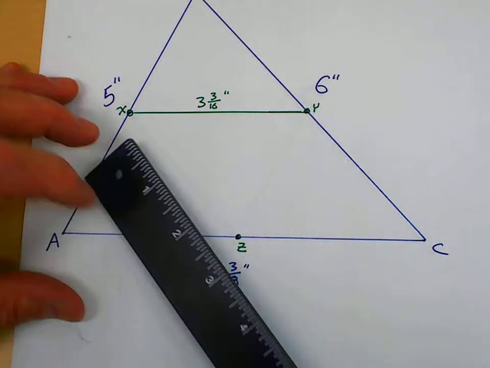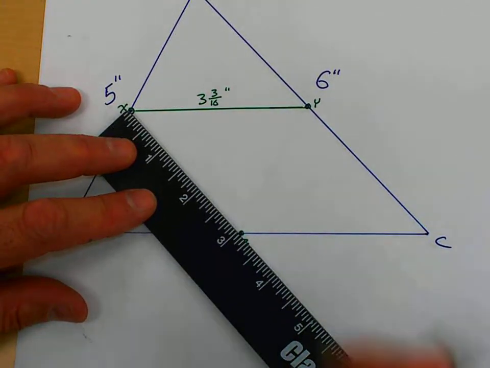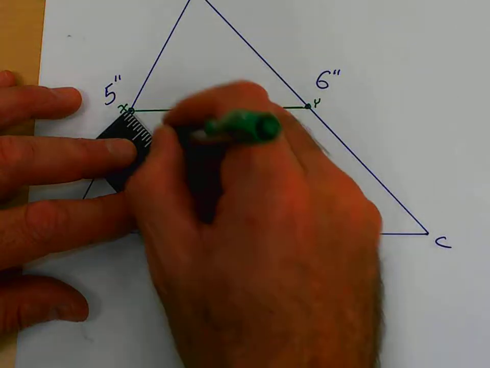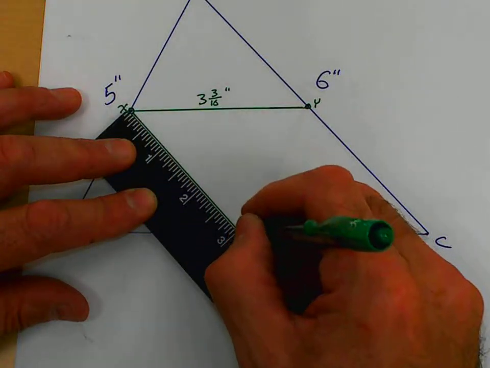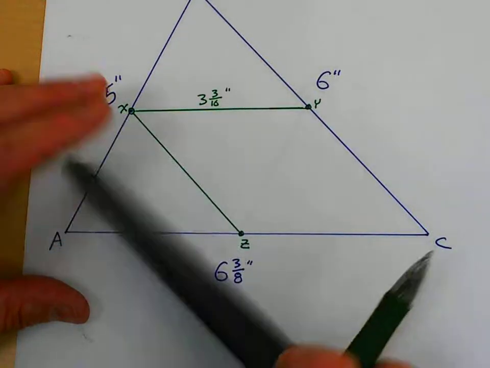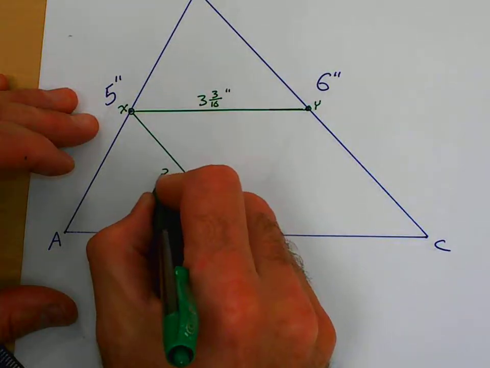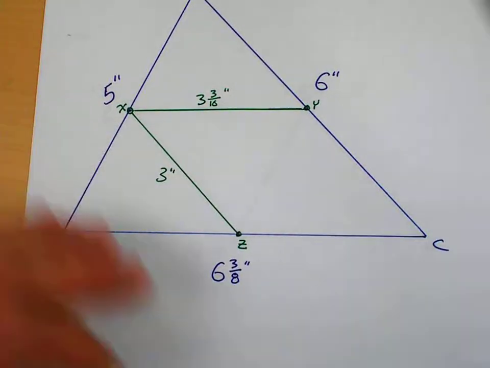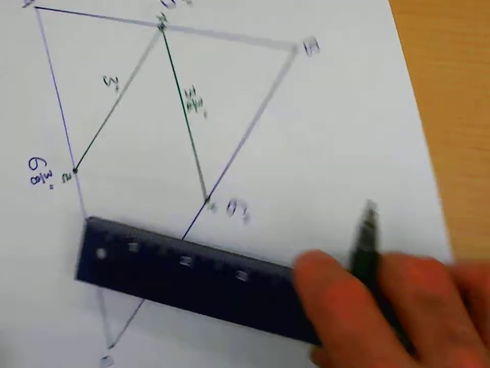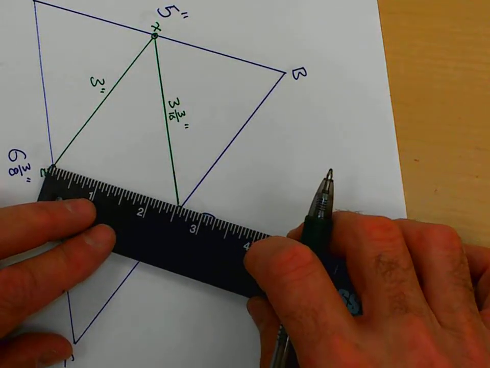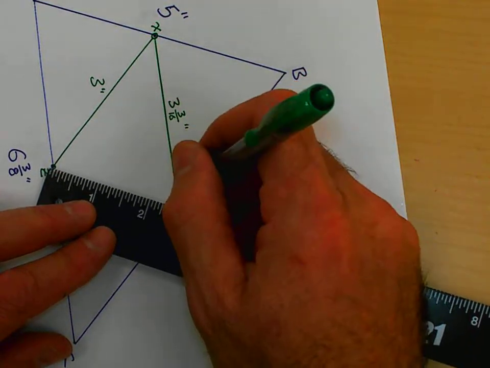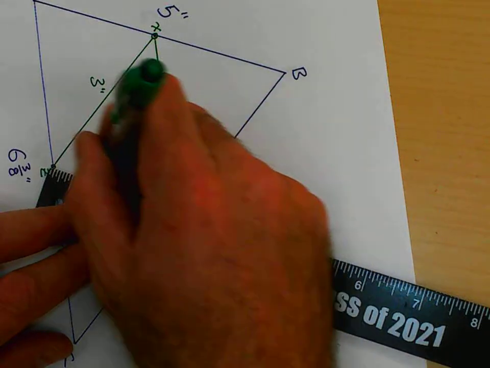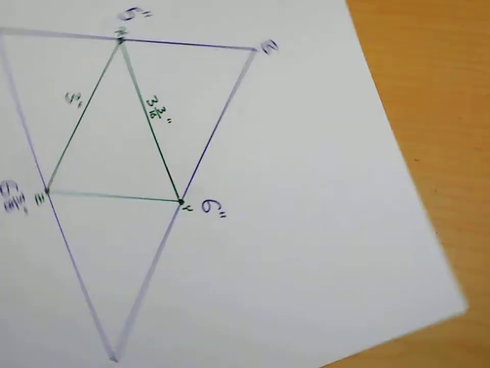We could also connect X and Z, and sure enough, just by putting it up there, I can see this is exactly 3 inches. And looking at how these connect, they look again to be half of that, which is 2.5 inches.